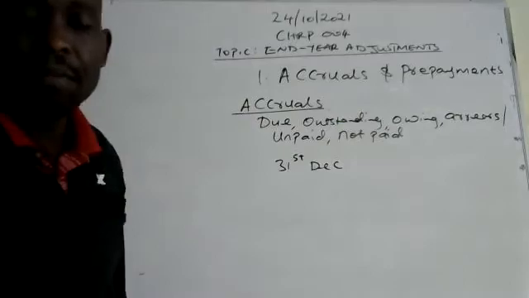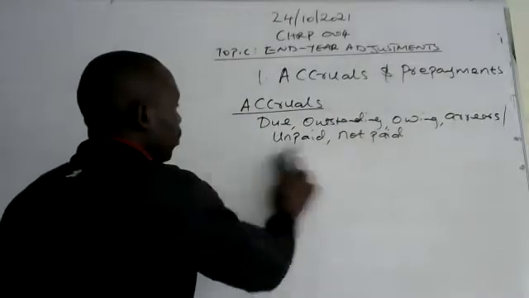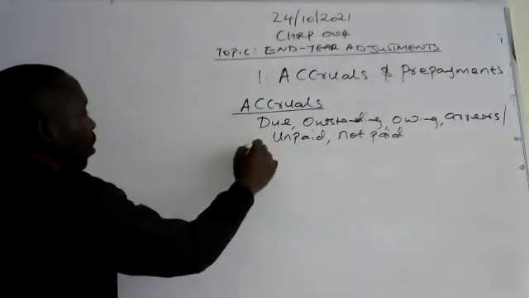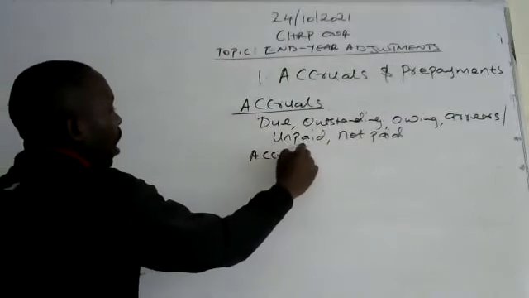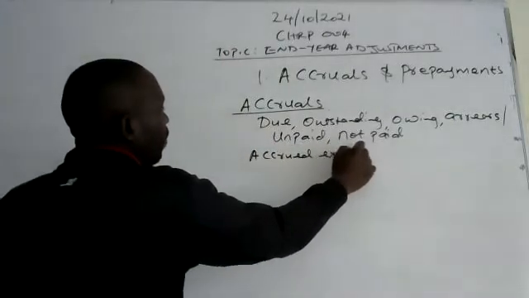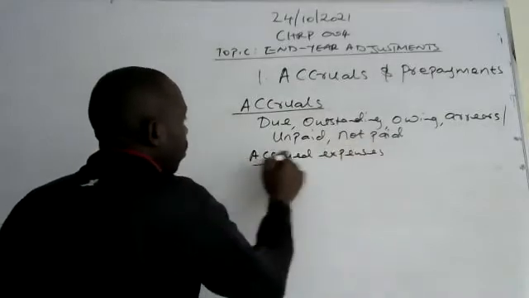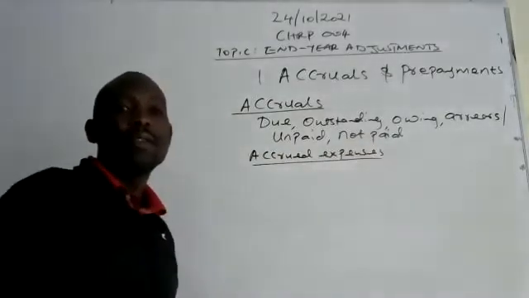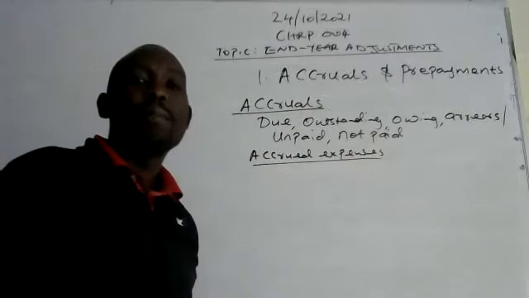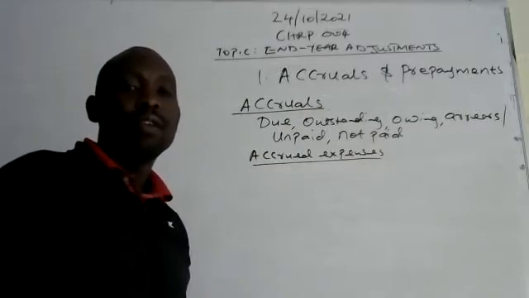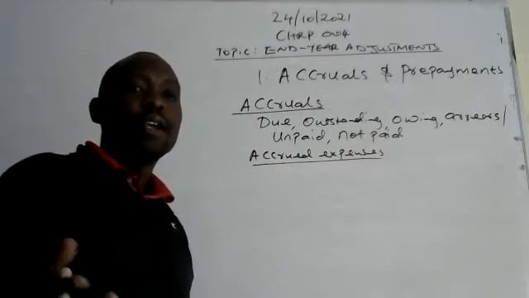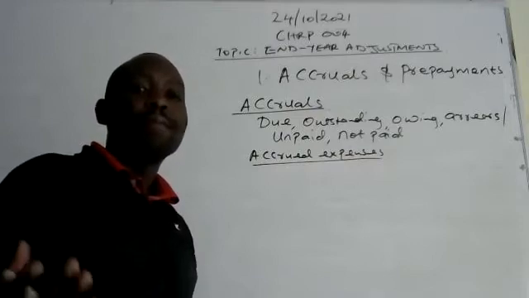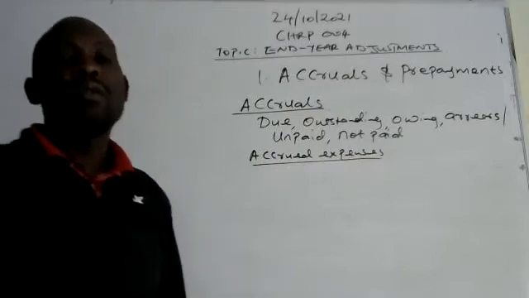So after having said that, I want to say that when it comes to accrual, we have what we call accrued expenses. When we talk about accrued expenses, these are expenses which have not yet been paid by the end of the financial year. And remember, an expense is simply a cost to the organization.